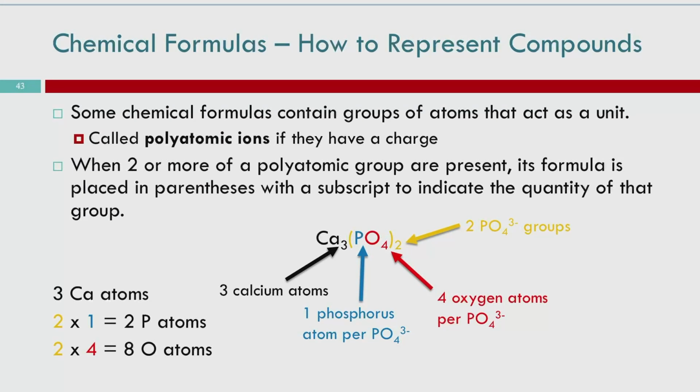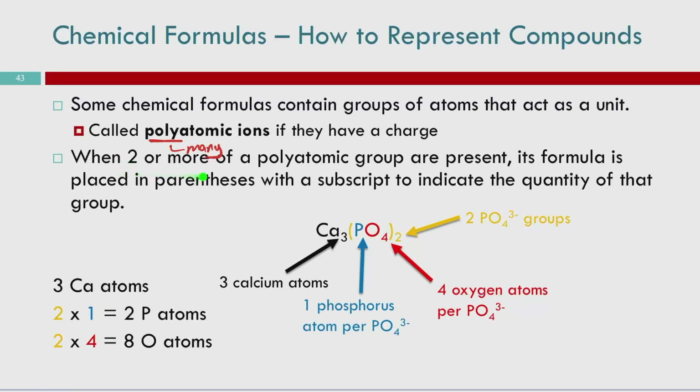We can also have chemical formulas, groups that act as a unit. These are called polyatomic ions. Poly for many. So many atom groups. And they're ions if they have a charge. There are some polyatomic ions that we'll get the chance to memorize for the class. And you'll find those in that sheet I mentioned at the start of class. If you have 2 or more of a polyatomic group present, then we'll place them in parentheses and a subscript goes outside of that.